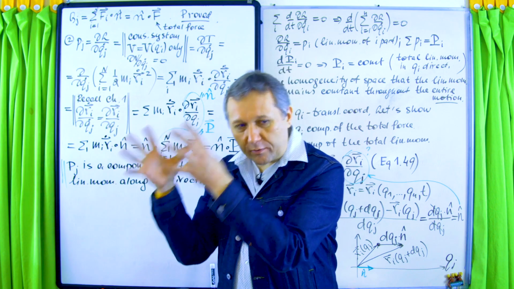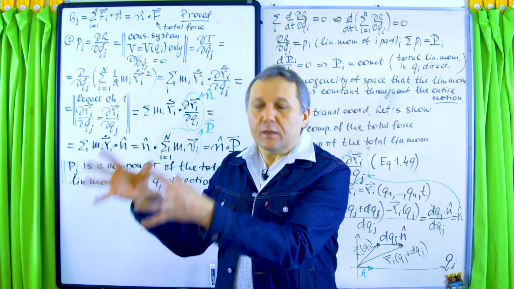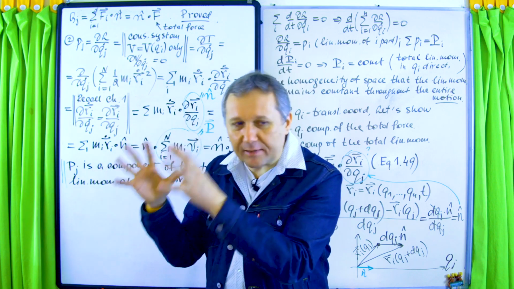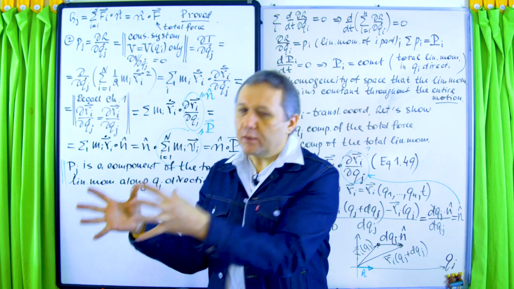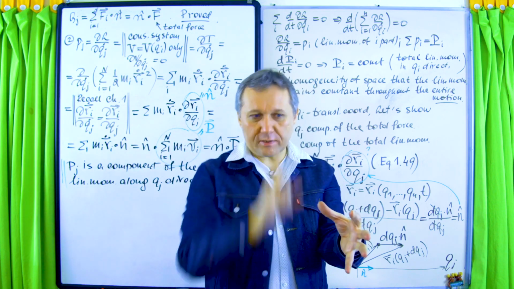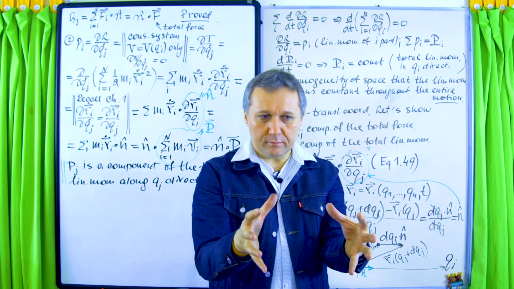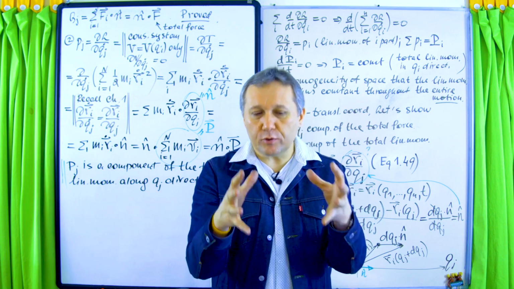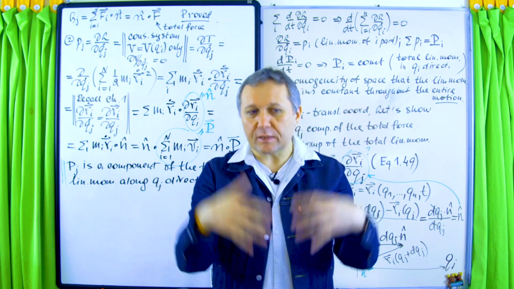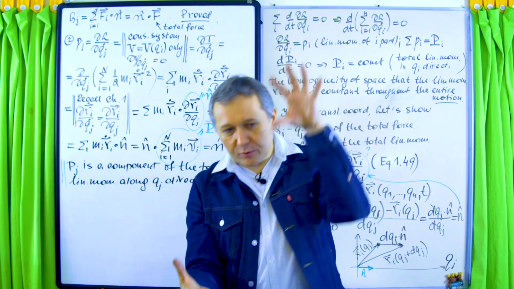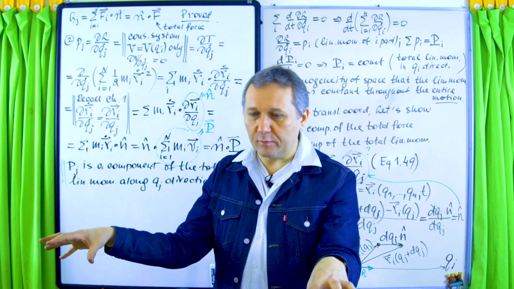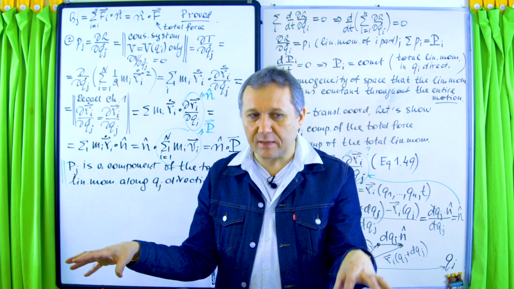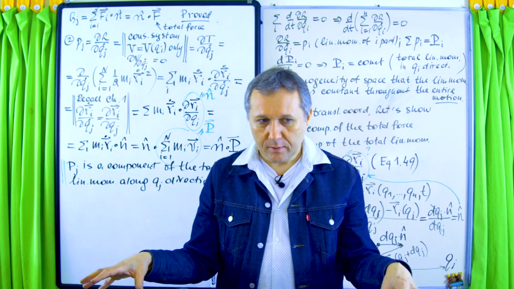Then if you grab that system, freeze it so the initial conditions will be exactly the same, and turn it along this axis of rotation using this angle, and let it live here, you wouldn't be able to see the difference in the motion of the system. Between the system being here and there it will be exactly the same. So in this case, we can say that space is isotropic.